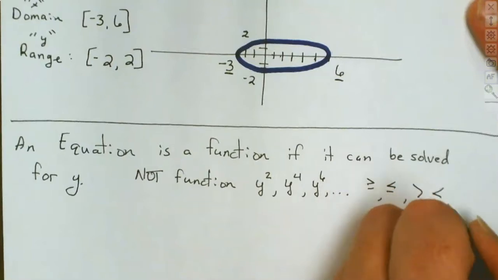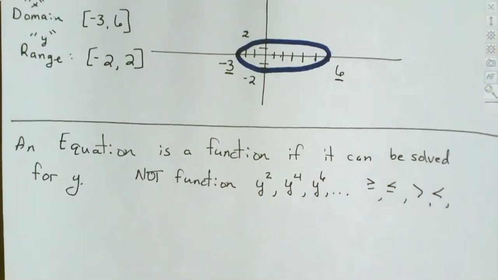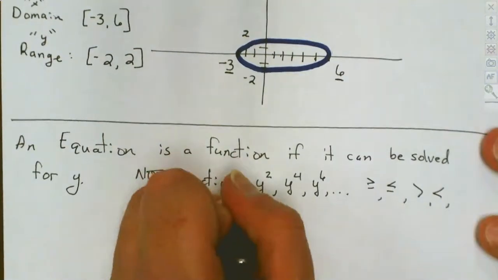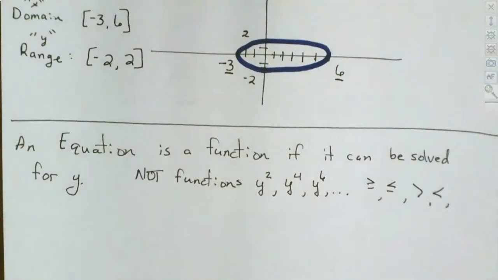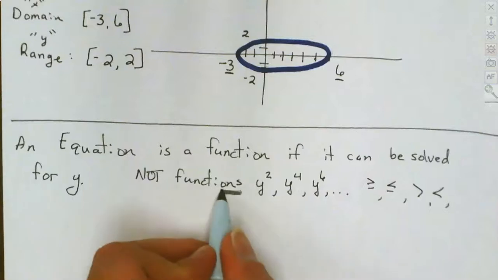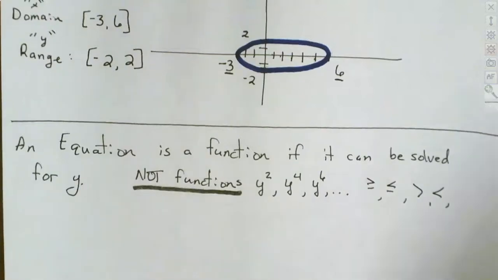The shading would make it break the function. So these are not functions. Most things are functions. Very rarely will you get something that's not a function. But anytime you have a y squared, or y to the fourth, or y to any power, it's not a function.